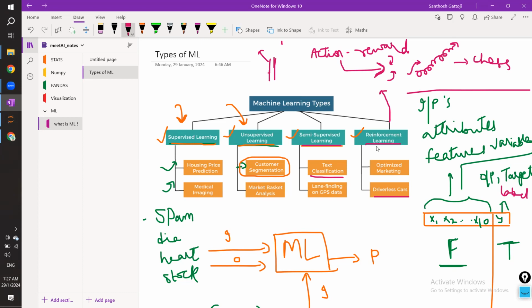Once it starts playing, rewards are given based on its moves. If it makes an excellent move, rewards are given, and if it makes a stupid move, rewards are reduced. Like that, it slowly understands whether the previous move is good or bad, and what needs to be done or not.